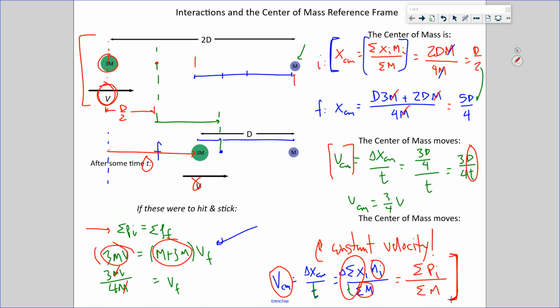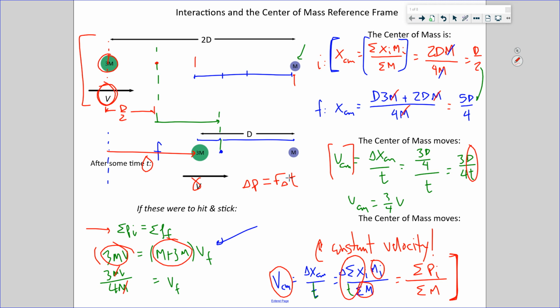What we're saying here is that each part of the system during an interaction can experience a change in momentum because each object gets pushed on by the other one for a certain amount of time, but those pushes they exert on each other are equal and opposite, and they occur for the same amount of time. So for each one, there's a delta p equal to F delta t.